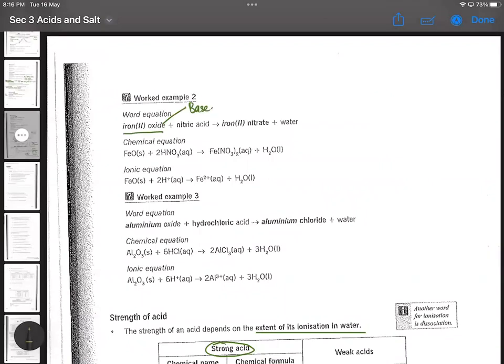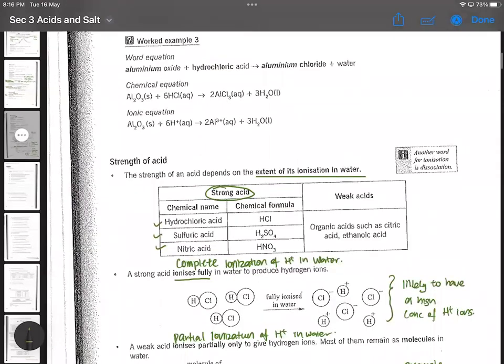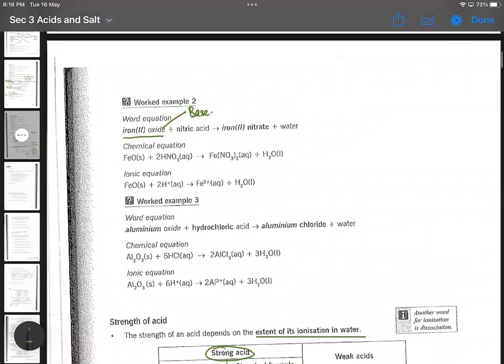Okay, well, there's one reaction that appears quite frequently with regards to all this ionization stuff. So, for example, we have batteries attached to a light bulb.